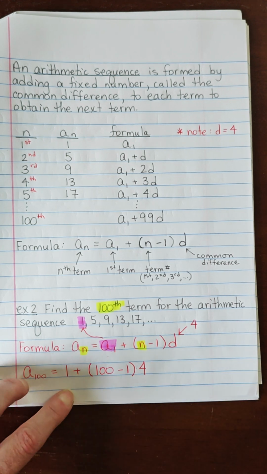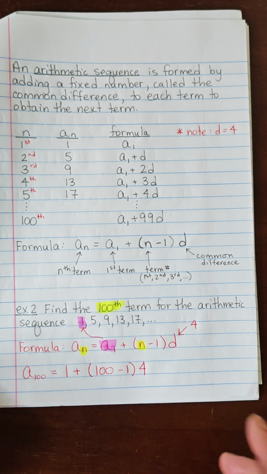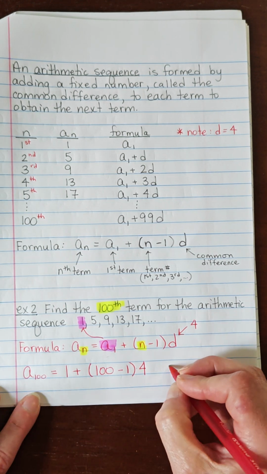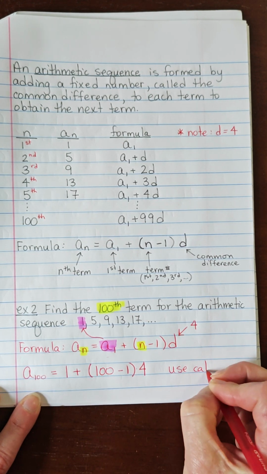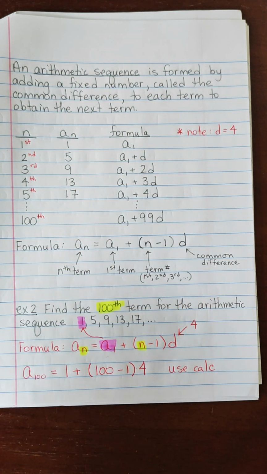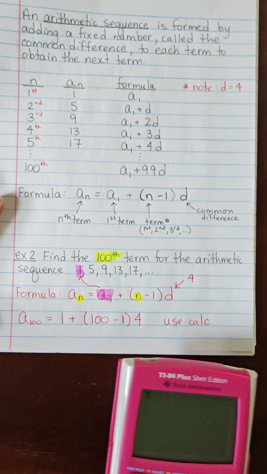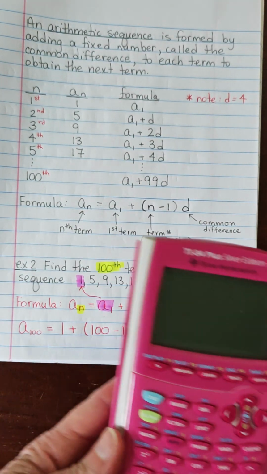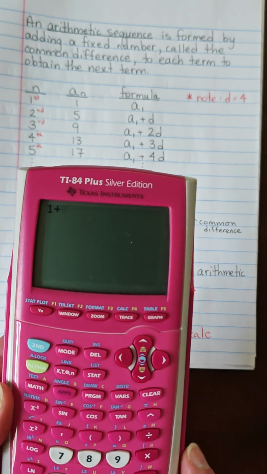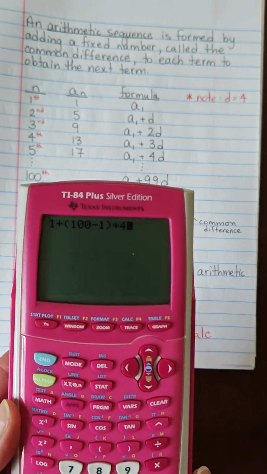So there's multiplication right there. Now, just break out the calculator. So let me just make a little note that we're just going to use the calculator so you don't think something super complicated is going on here. And you're just going to type it in exactly like it looks, okay? So you're going to do 1 plus parentheses 100 minus 1, close parentheses, times 4.